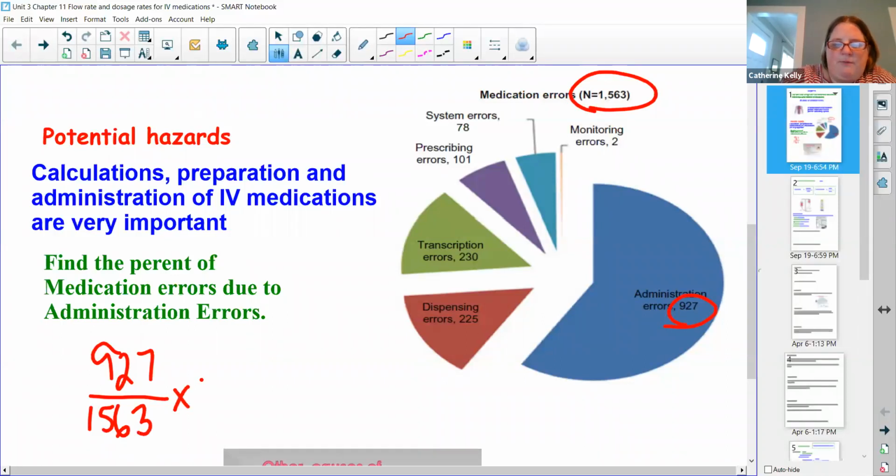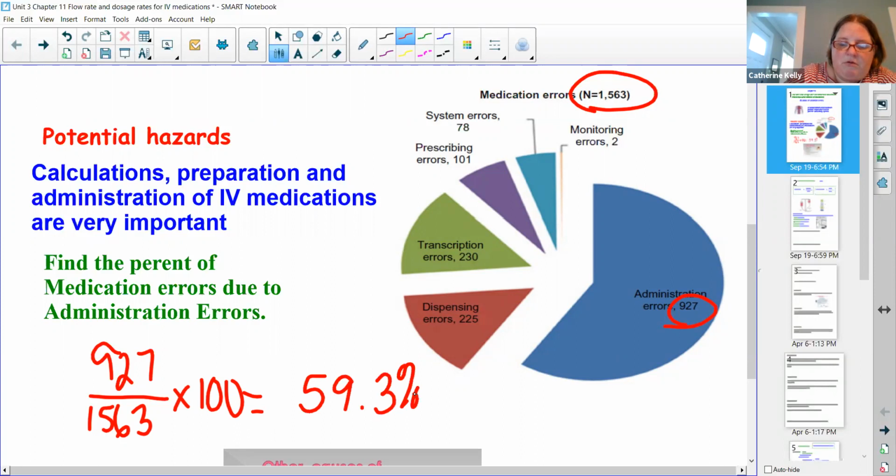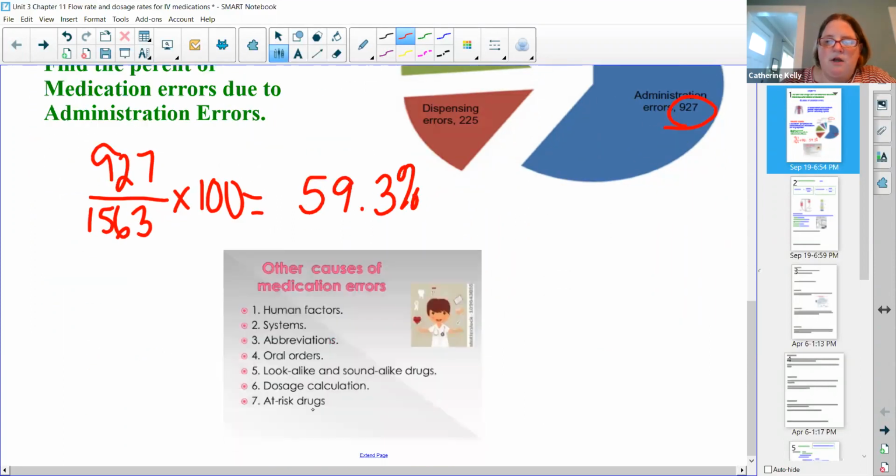Then if we times that by 100, we're going to get the percentage. So we do 927 divided by 1563, and then times it by 100 and you'll get 59.3%. What? So be careful when you're administering meds.